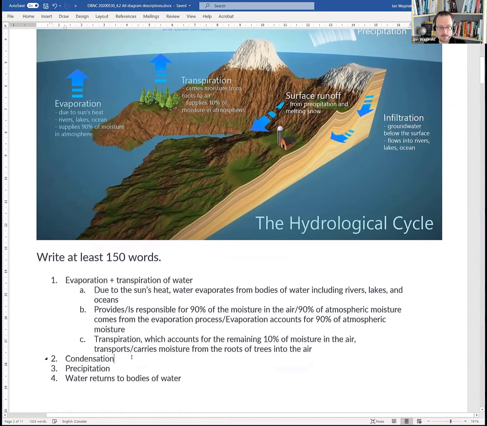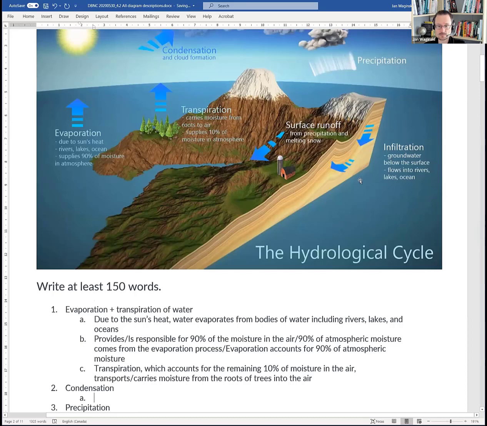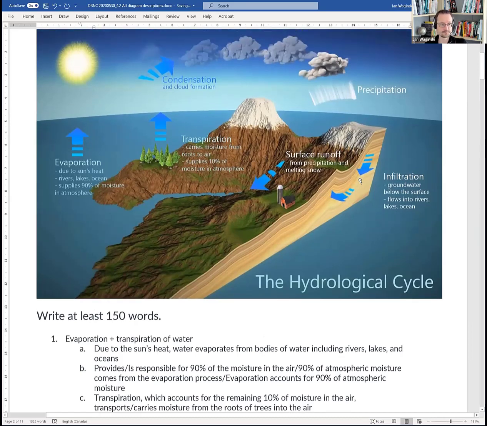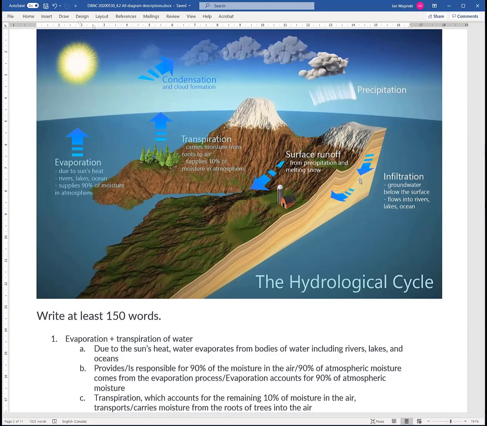And now, Dina, what about the condensation part? After that, the process of condensation starts with forming cloud, and then rain.